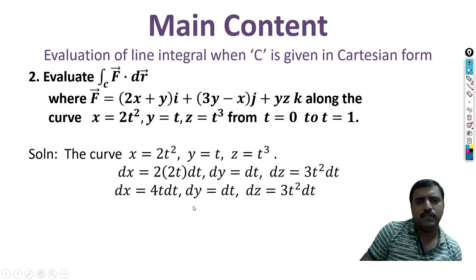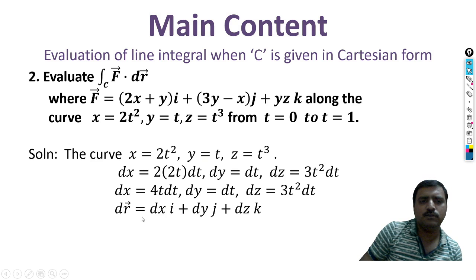So dx becomes 4t dt, dy is dt, dz is 3t square dt. Now substitute all this in dr, that is dx i plus dy j plus dz k. It becomes 4t dt i plus dt j plus 3t square dt k.